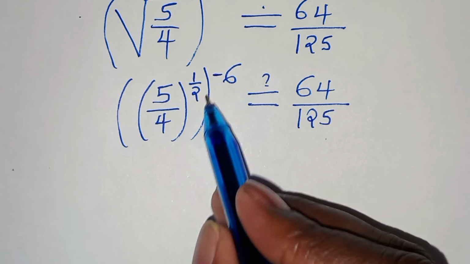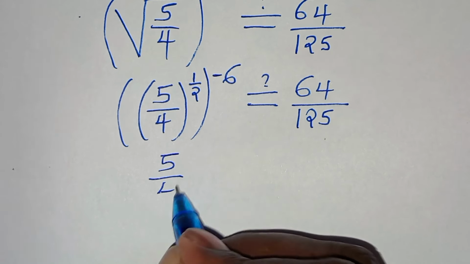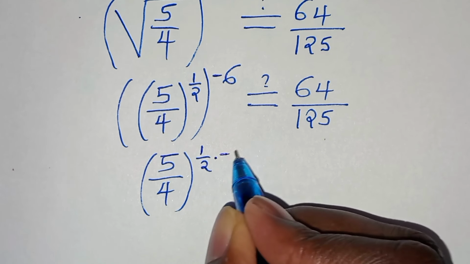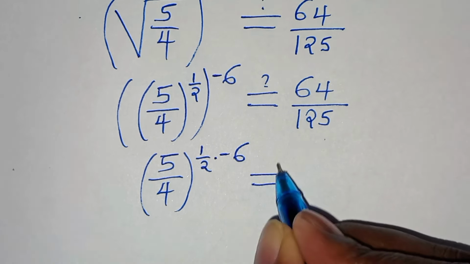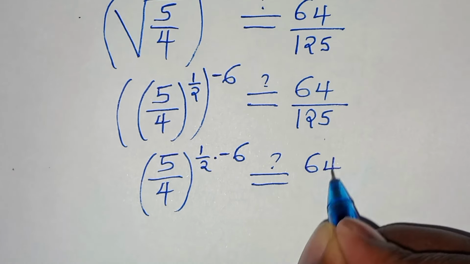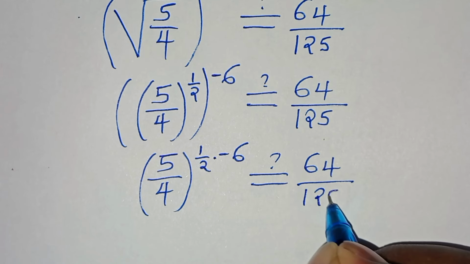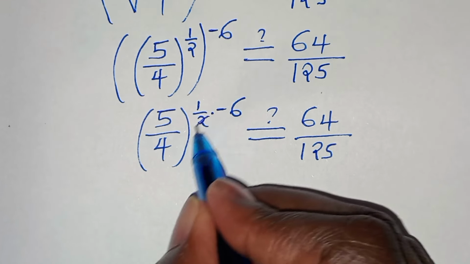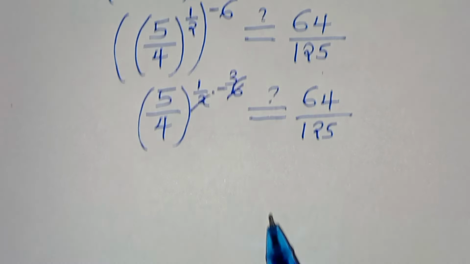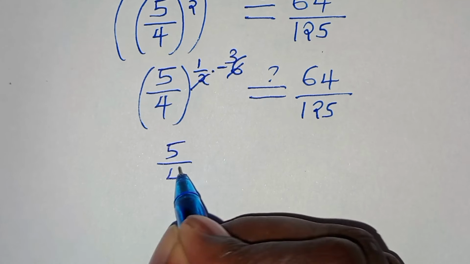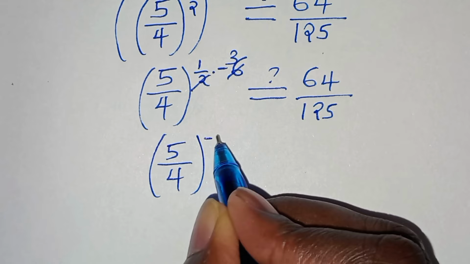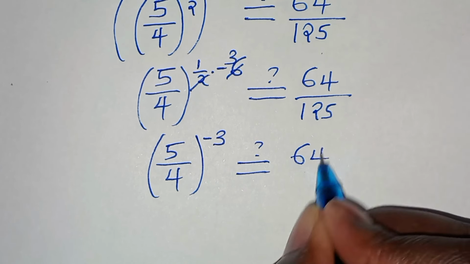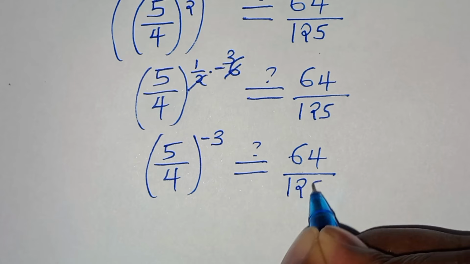We can express this as 5 over 4 raised to the power of a half multiplied by minus 6. So let's simplify: minus 6 divided by 2 is minus 3. So this is 5 over 4 raised to the power of minus 3, which should give us a value of 64 divided by 125.